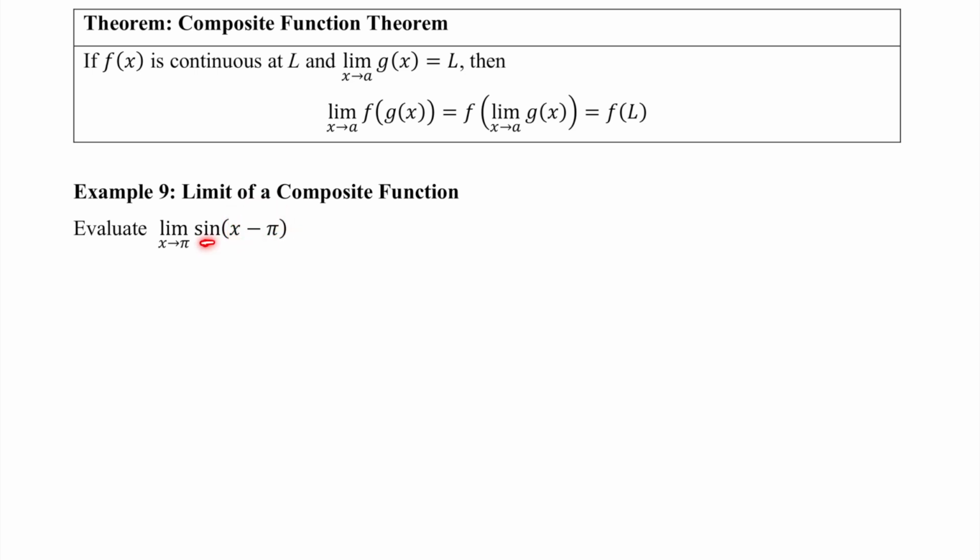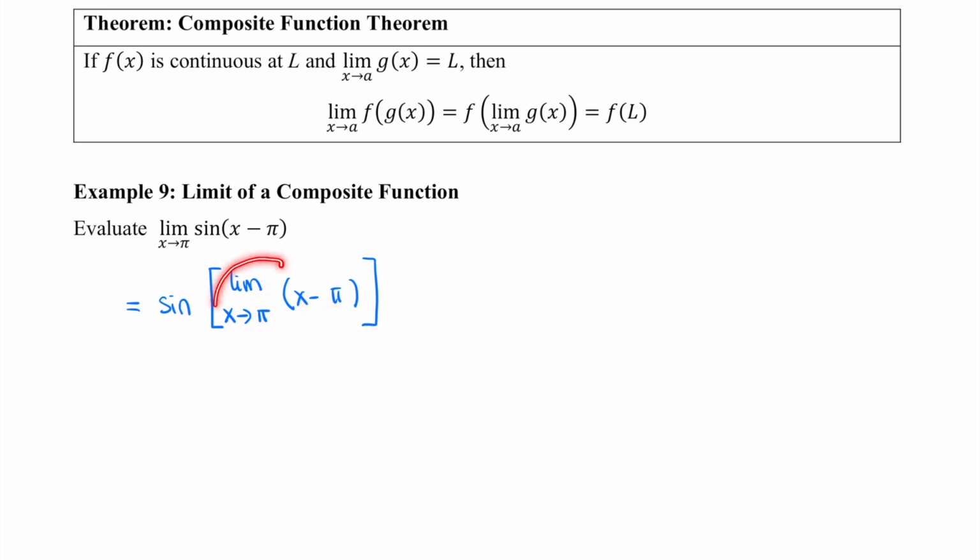Since sine is continuous, we can plug this limit directly in the sine function. So we have sine of the limit of x minus pi as x approaches pi.